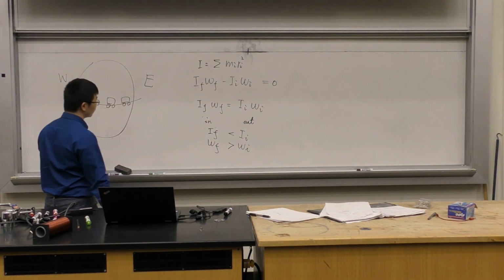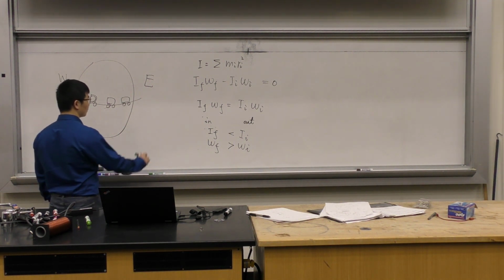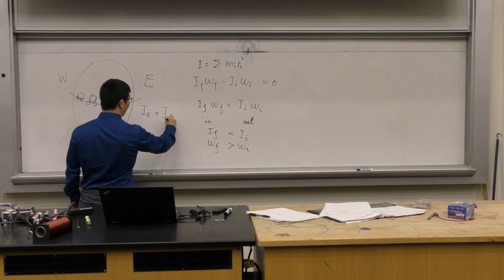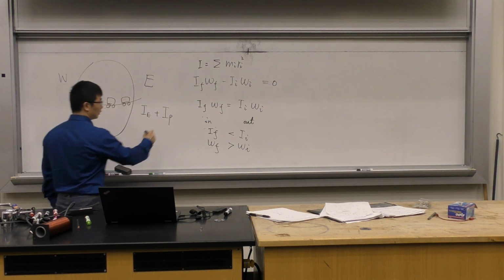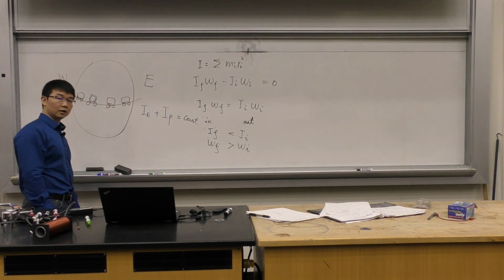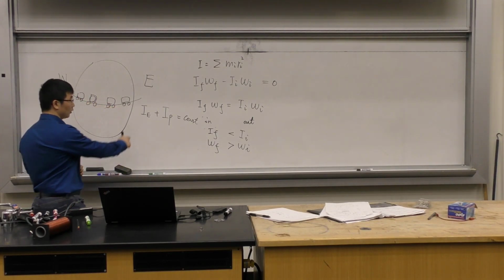So that's using force. And you can also think about this using the conservation of angular momentum, because the Earth and then the people, the total should be a constant, right? Should be a constant. They're all spinning to the east.